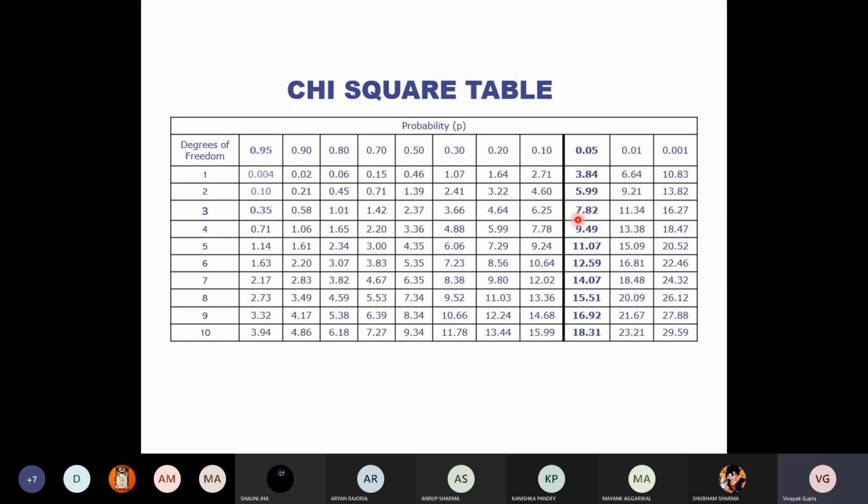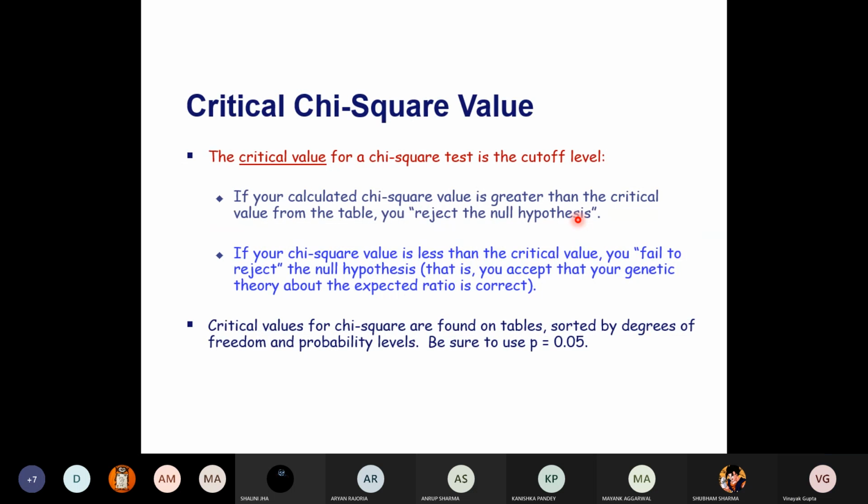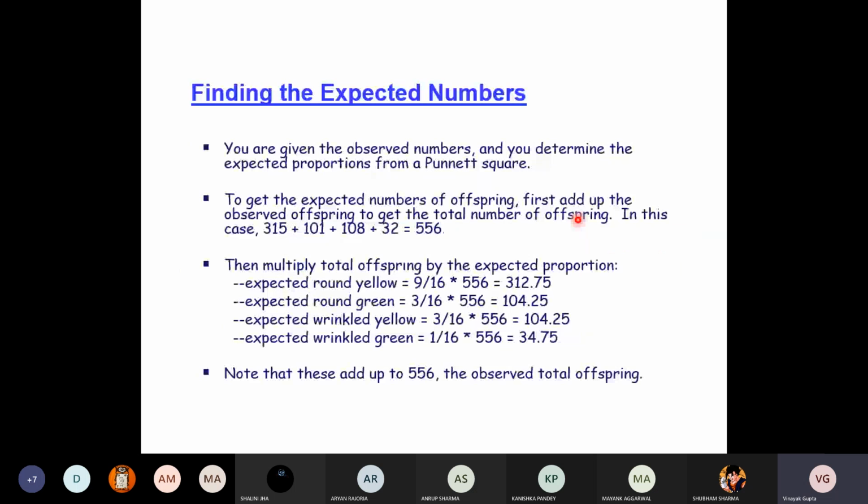So what should we do? Accept the null hypothesis or reject? Accept. So we accept the null hypothesis. We can say, yes, this dihybrid cross is actually following Mendelian genetics. Okay, so that is the outcome.